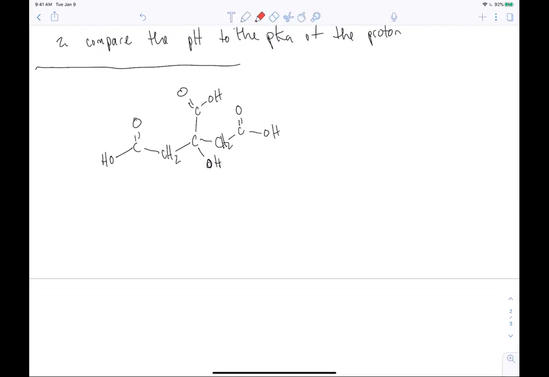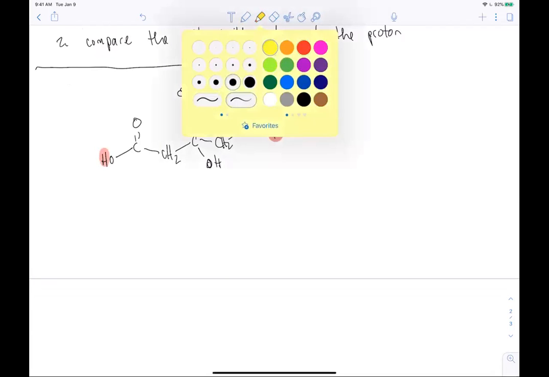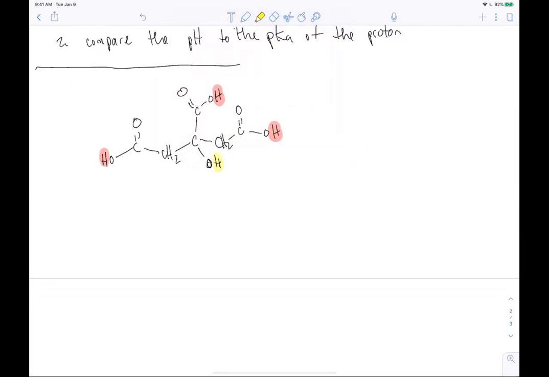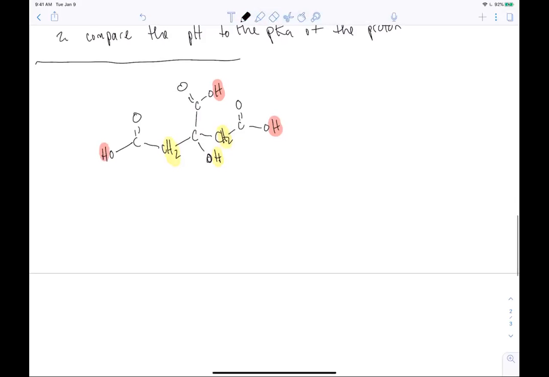But we can see here we've got a bunch of protons. So this is an acidic proton, this is an acidic proton, this is an acidic proton. These ones that I'm highlighting in yellow, we don't have to worry about. So those are not acidic at any kind of normal pH. We're only interested in the red ones. Each of these protons will have its own pKa.